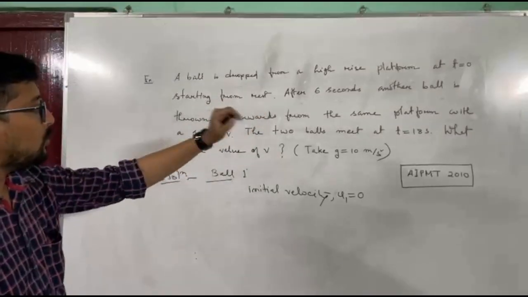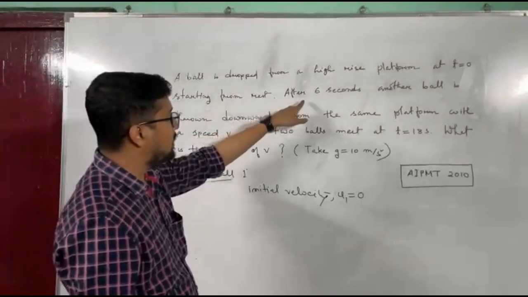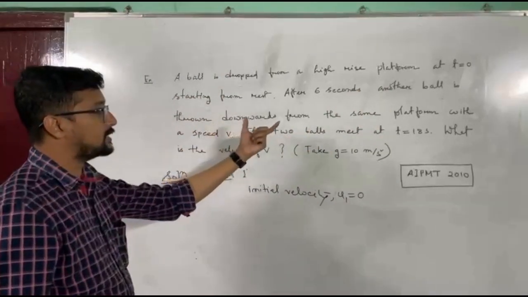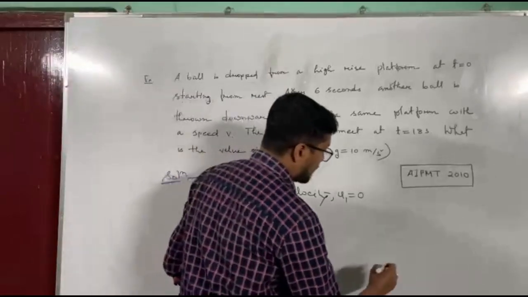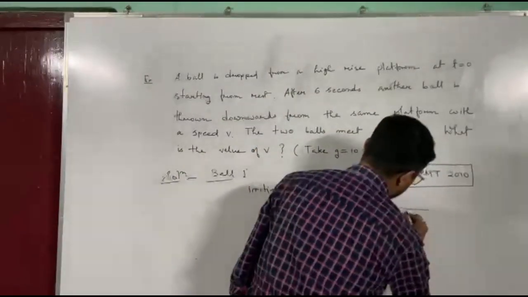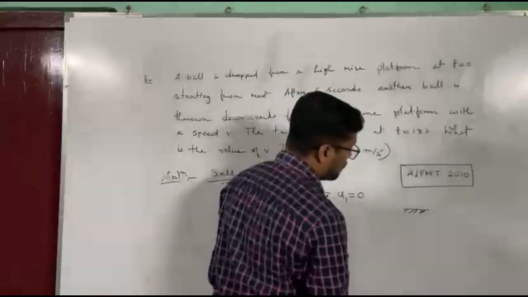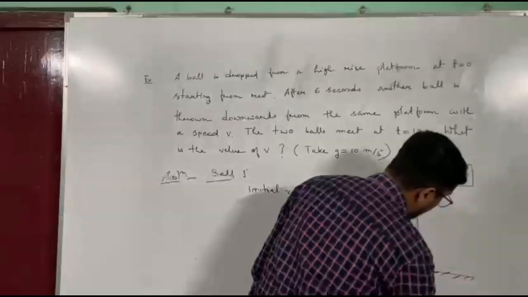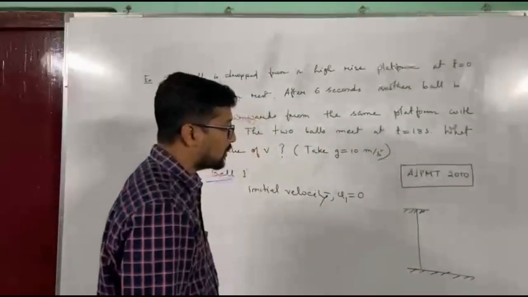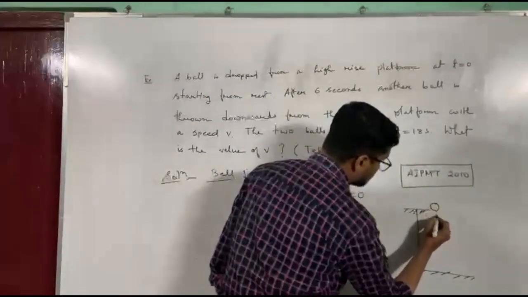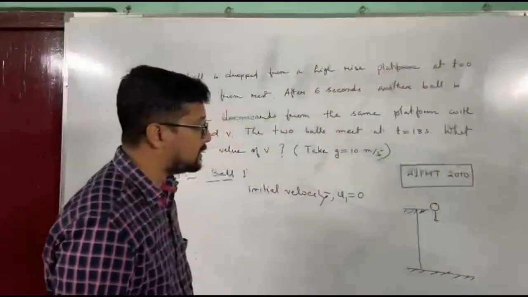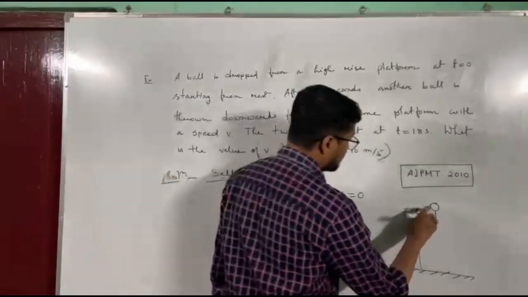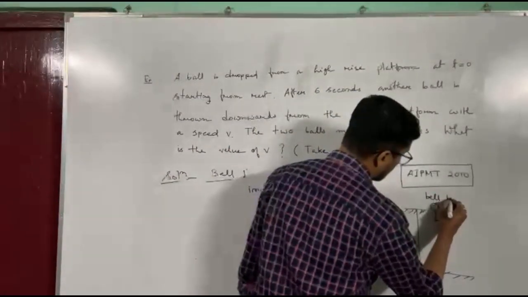Now for ball 2, what they have said is, after 6 seconds the second ball is thrown downwards from the same platform. Let us say this is the platform from where the initial ball was dropped, and this is the ground. Let me draw this schematic diagram for better understanding of the problem. The first ball was simply dropped, so u1 is equal to 0. This is ball 1.